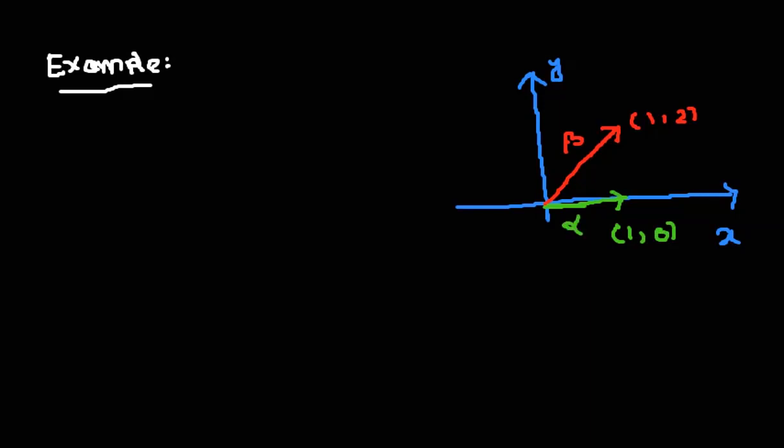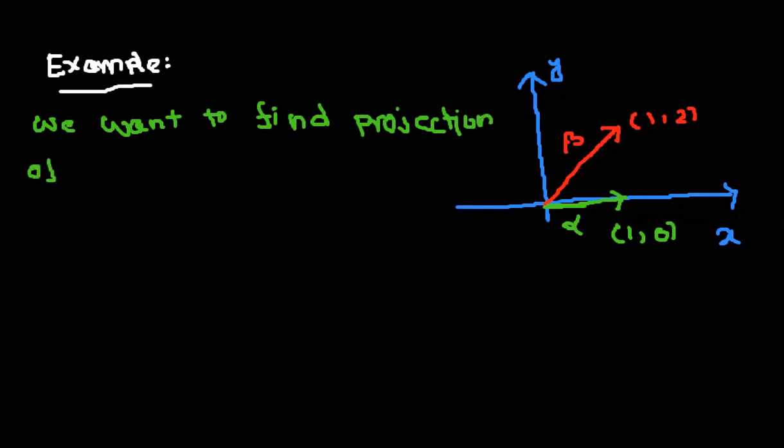What we want to find is the projection of the vector alpha, the projection of (1, 0), upon the line, or upon the vector beta, which is (1, 2).